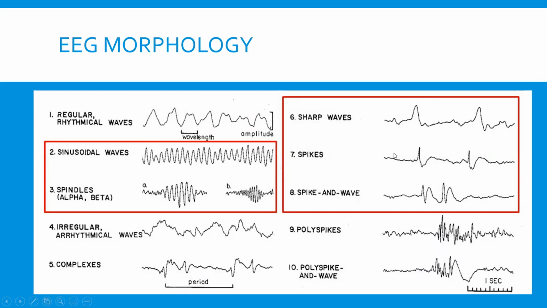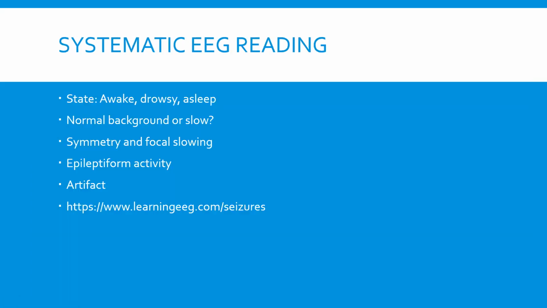These are all the different shapes of the waveforms, and that's what we call morphology. Is it tall? Is it short? Is it sharp? Is it spiky? These are some of the terms we usually use to describe the morphology of the EEG finding. These are more slow waves, more broad, more slow activities. And then there are a bunch of other terms that I just want to let you guys know are out there that we use to describe the EEG findings.